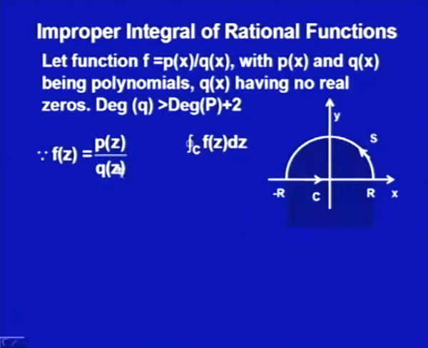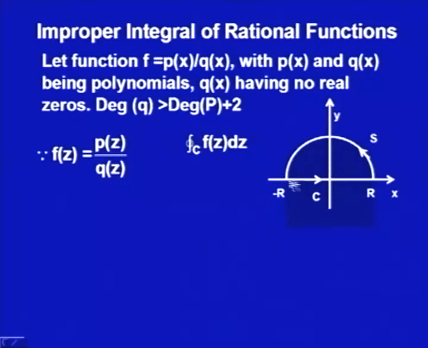Now, since we had assumed that p(z) and q(z) are both polynomials, whatever the zeros of these polynomials are, all these singularities would be isolated singularities, and certainly there would be only a finite number of them. So, in the upper half plane there would be some finite number of isolated singularities.